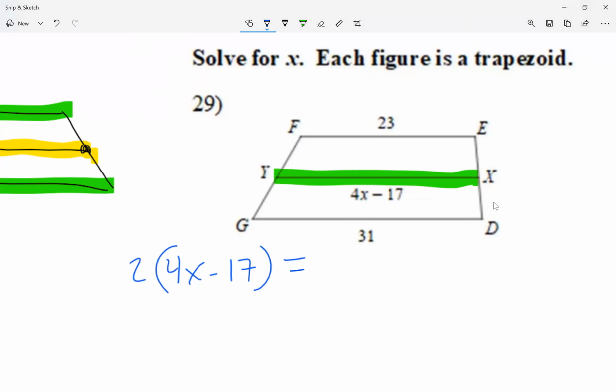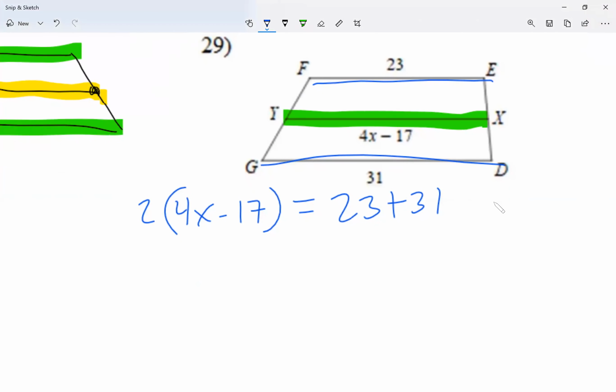So the mid segment times 2 equals, I know the other sides, one side is 23, the other side is 31. So let me just go 23 plus 31. So the mid segment times 2 equals the other two combined. Notice how the other two, I added them.